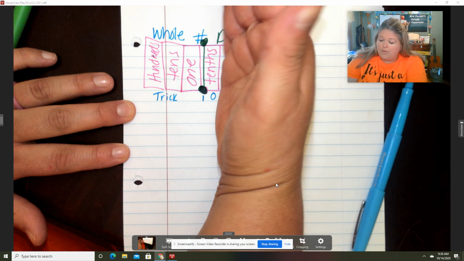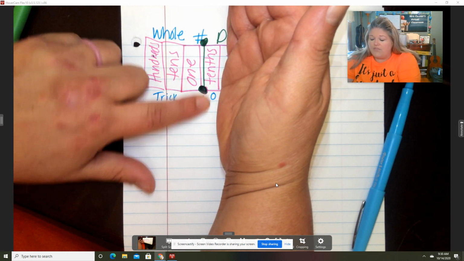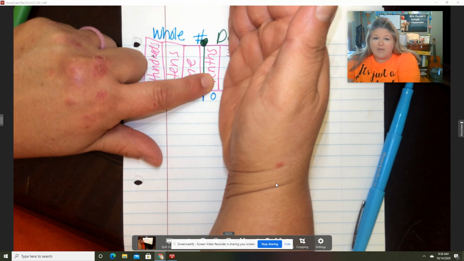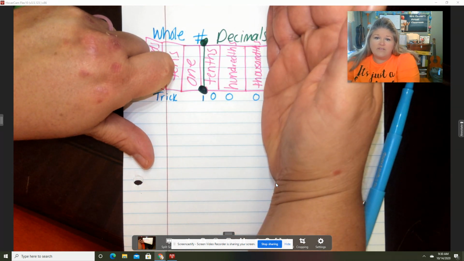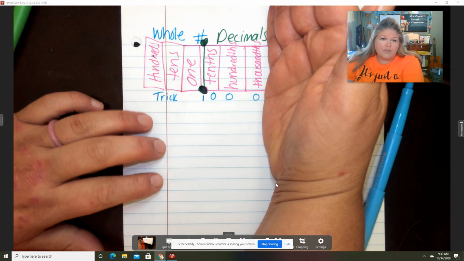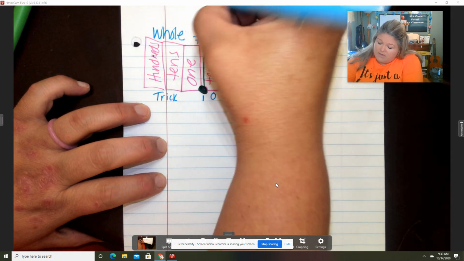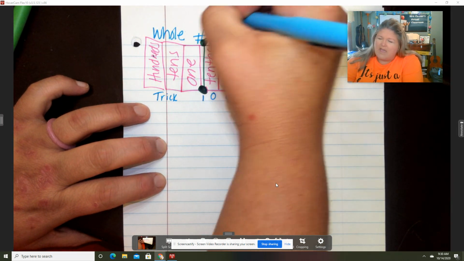So if you write a number and you see a 10, you would know that digit is in the tenths spot. This number would be in the hundredths, and this would be the thousandths.